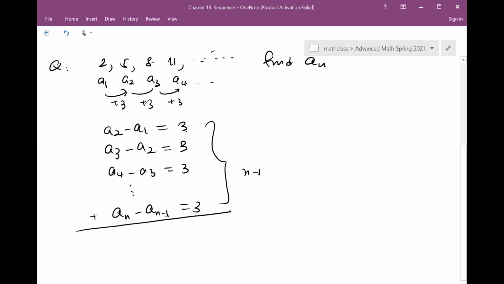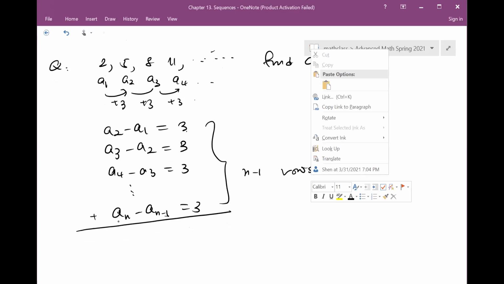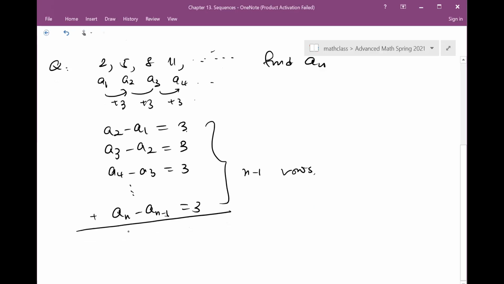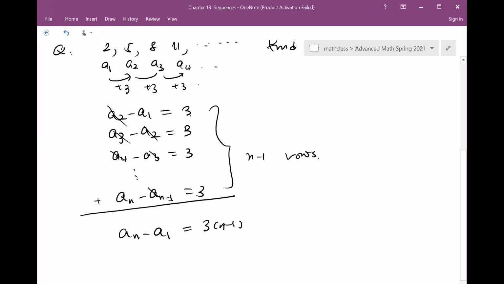You have n minus 1 of them, right? N minus 1 equations. So when you add them together, on the left hand side you realize that A2 cancels out, A3 cancels out, A4 cancels out. So what is left is An minus A1. The right hand side is 3 times n minus 1, because there are n minus 1 identities.